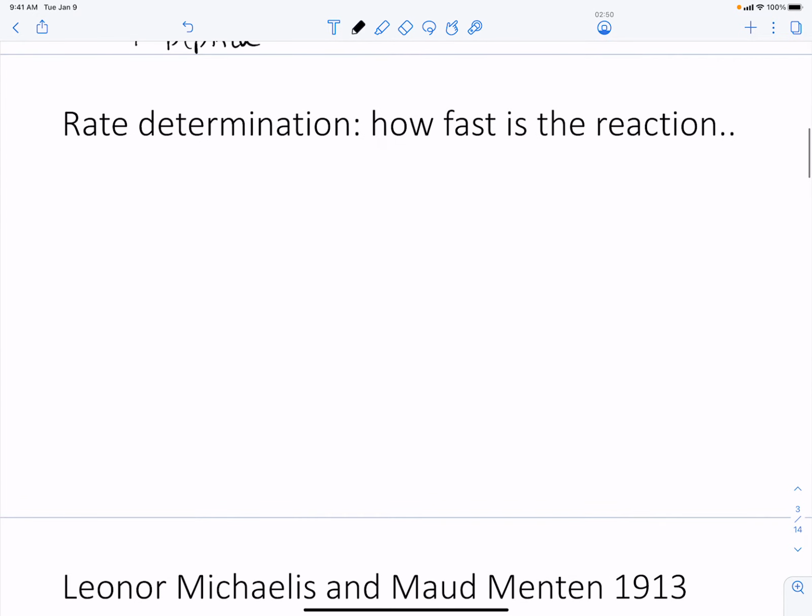Now, in rate determination, we are basically going to ask the question of how fast the actual reaction is. So some things to keep in mind is that for most interactions, the rate reaches saturation on a hyperbolic curve. And so remember those curves we were talking about with hemoglobin and myoglobin, and myoglobin was the hyperbolic curve.